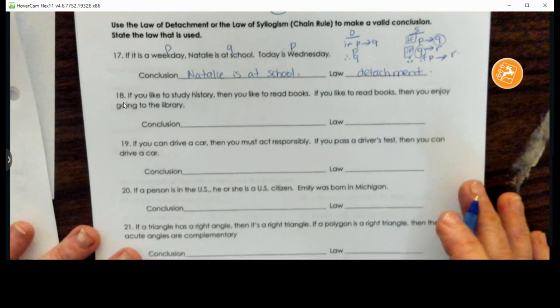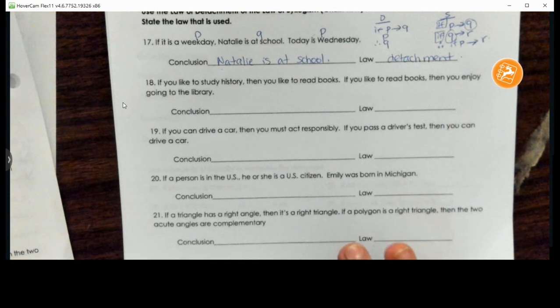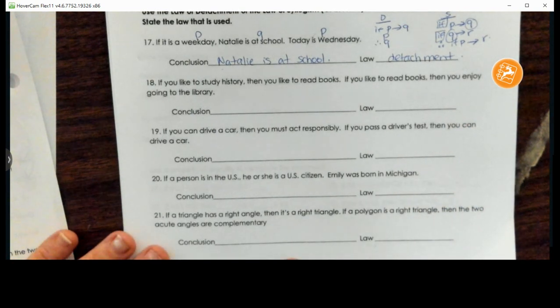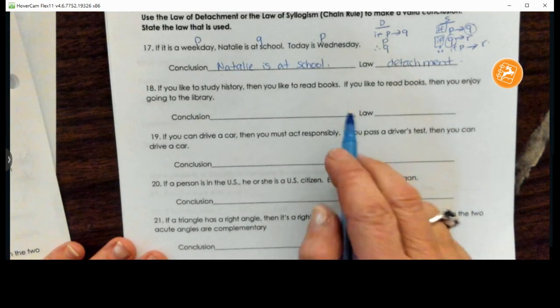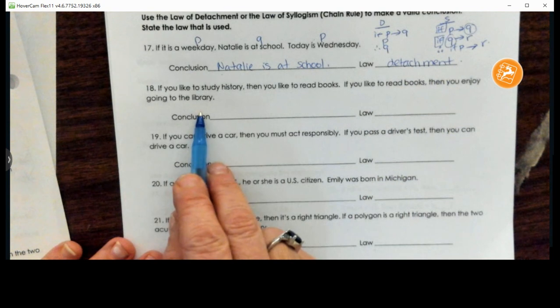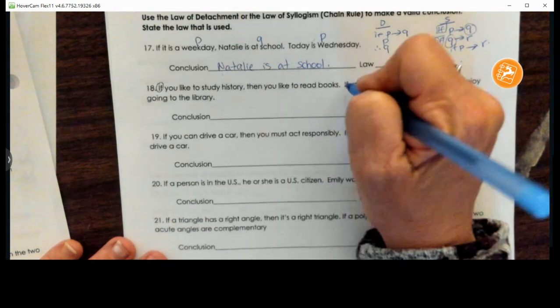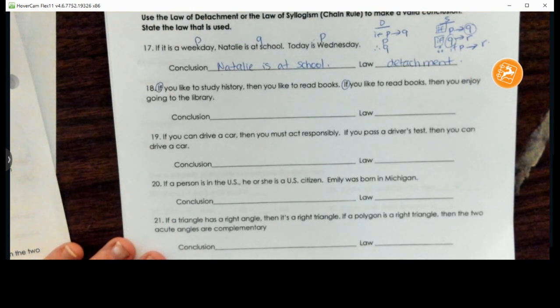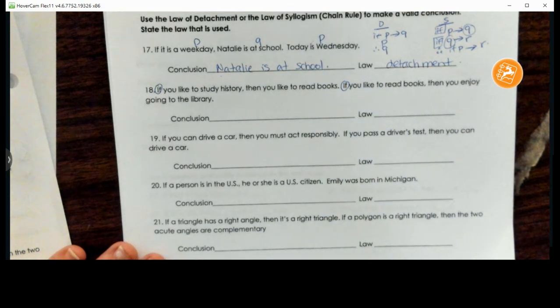Okay. The next one, if you like to study history, then you like to read books. If you like to read books, then you like going to the library. So I have 2 ifs. Now we're going to look for our P's and our Q's.